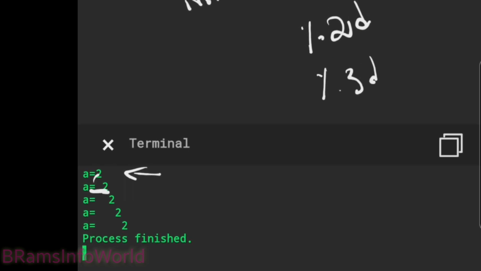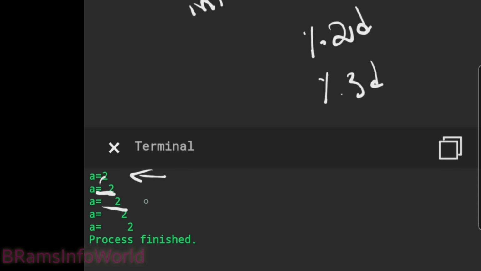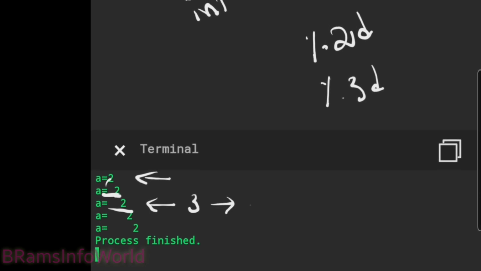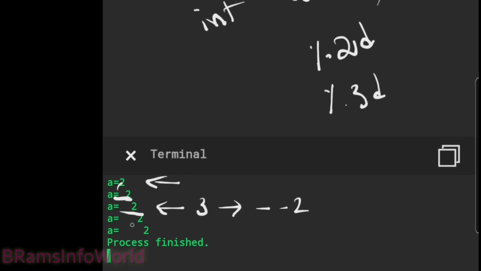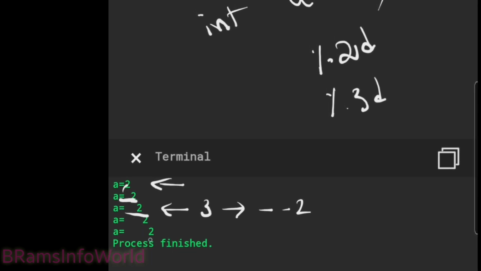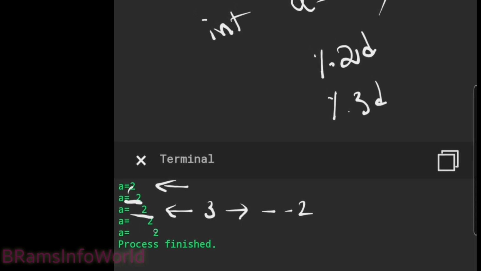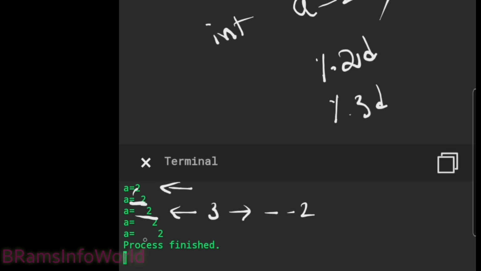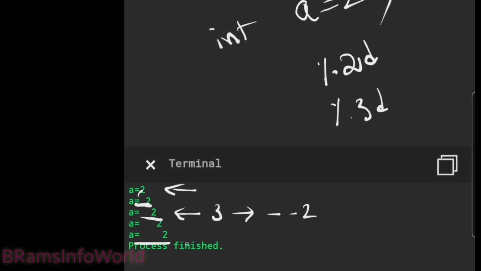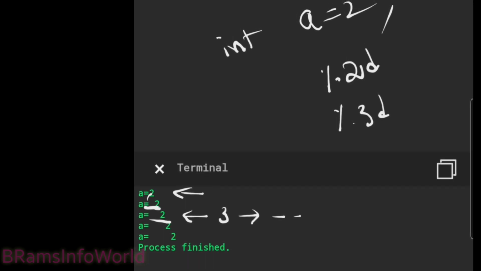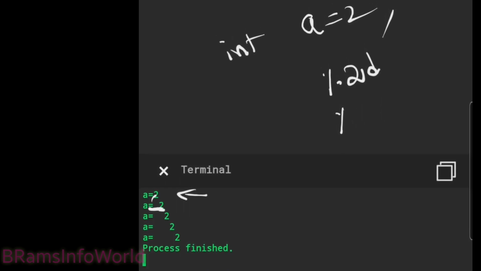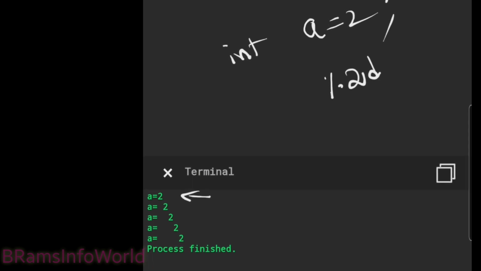Similarly %3d is total 3, so 2 spaces and 2. Next is 4 total, with 3 spaces, and then total 5 with 4 spaces. This is how we can define the width. I hope you understand the output of this concept.